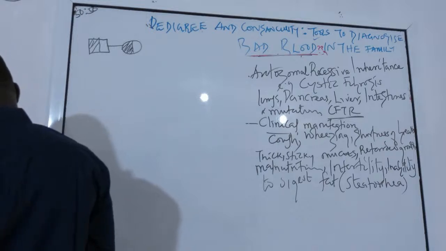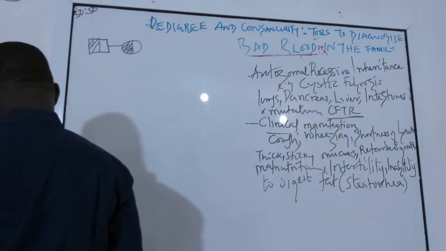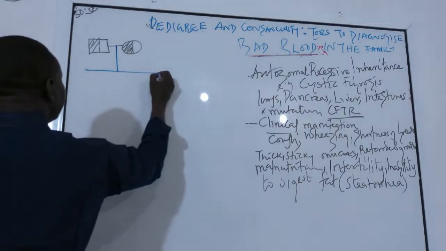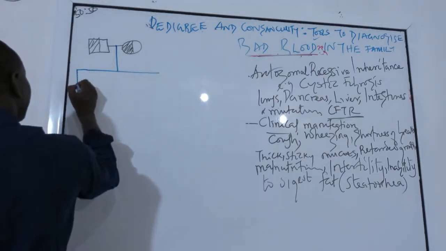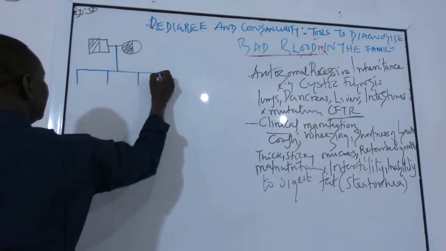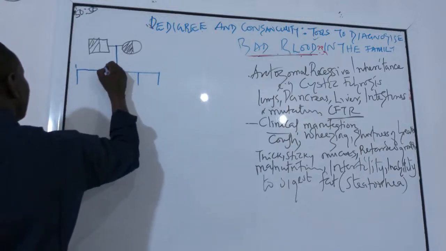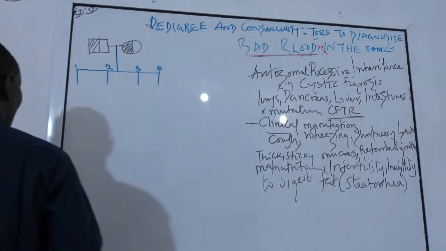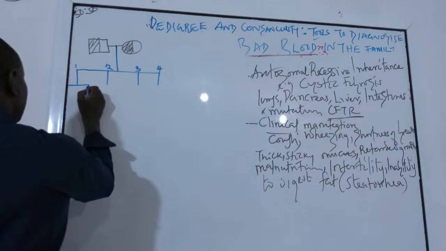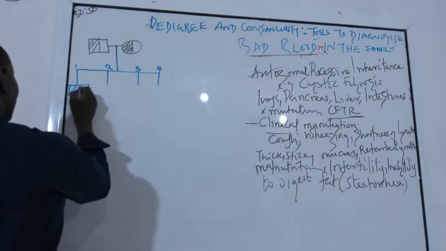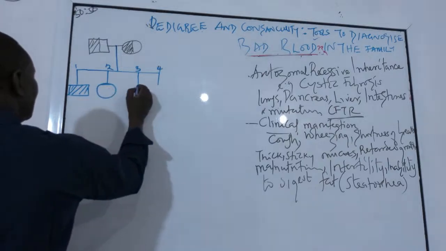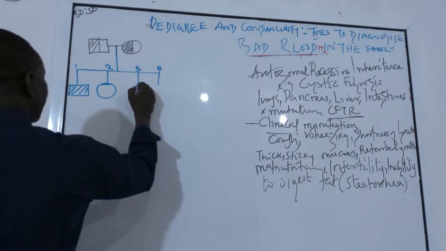Apart from being carriers, by the time they give birth, so this is child 1, child 2, child 3, child 4, for example, what is going to happen is that they will have 50%.